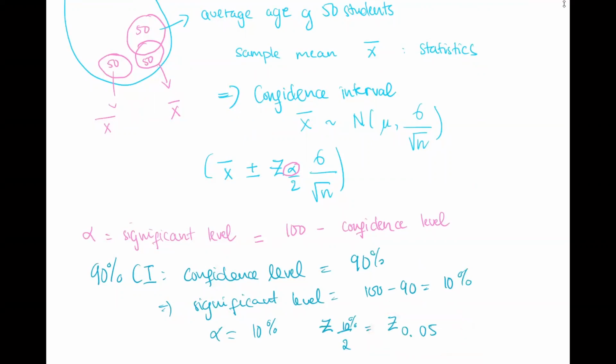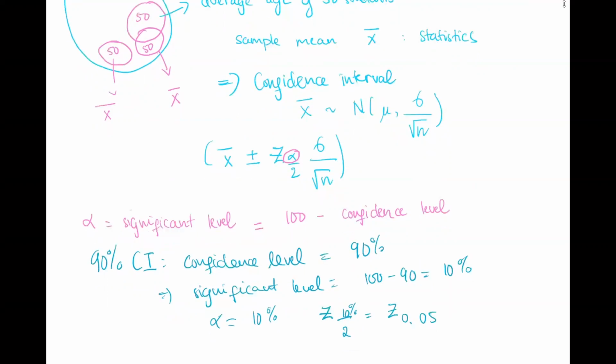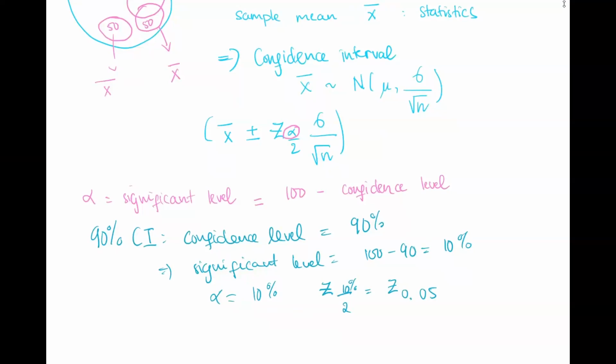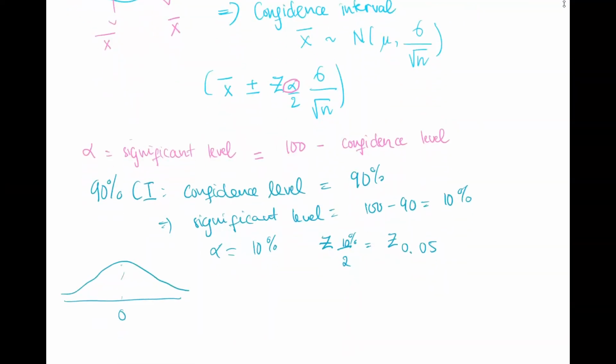We talked in the last tutorial that if we are given the area, then we can find the z value for it, right? And this z just means that if we have a normal distribution like this, it has a mean at 0. We want to find z such that this area is 0.05.